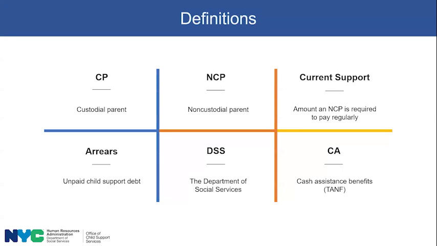That doesn't mean the custodial parent loses out entirely. As we'll show you, the custodial parent gets a pass-through when the NCP is making payments to DSS. Next slide.